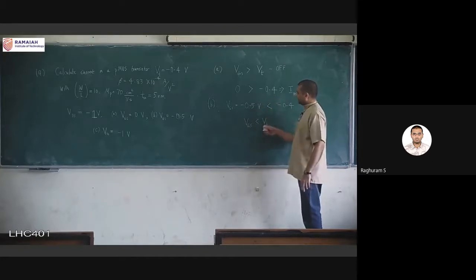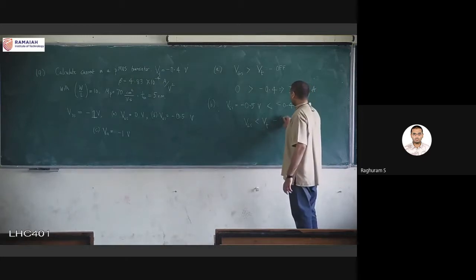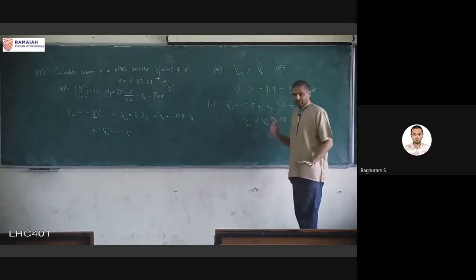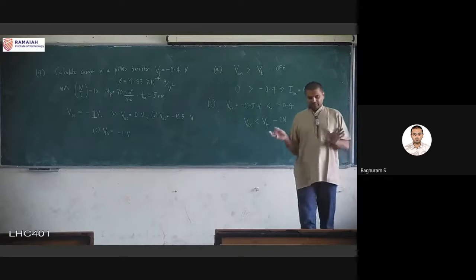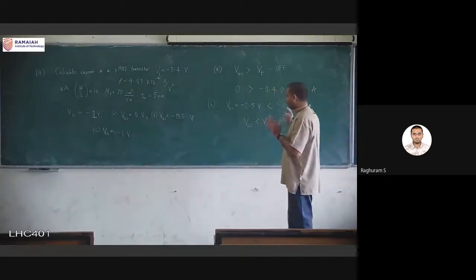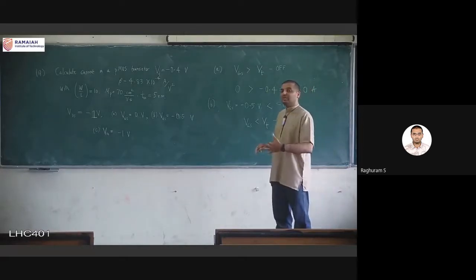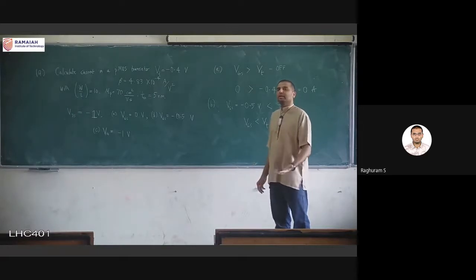And if VGS is lesser than VT, the PMOS transistor is on. This is what we have to remember. The conditions are opposite that of NMOS transistor. PMOS transistor is on. So once it is on, then we have to calculate the region of operation. Only when we calculate the region of operation, we will be able to tell if it is in linear or if it is in saturation.